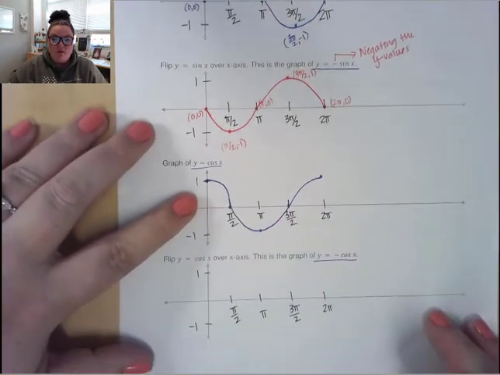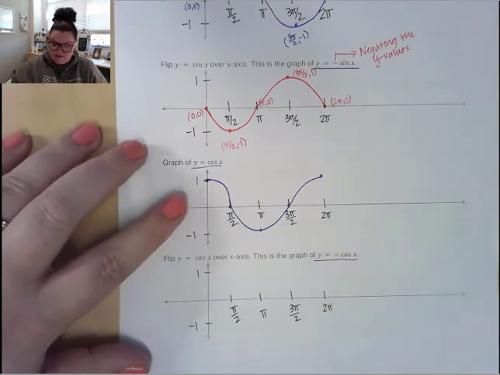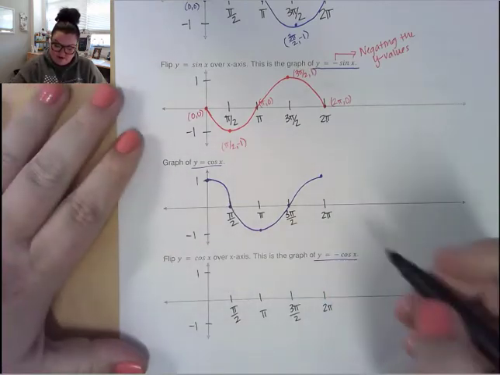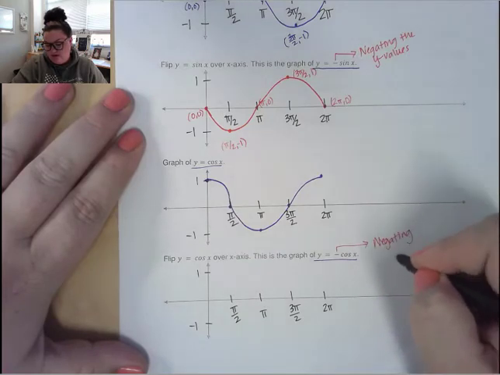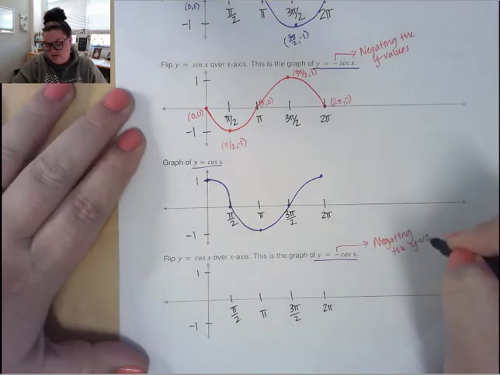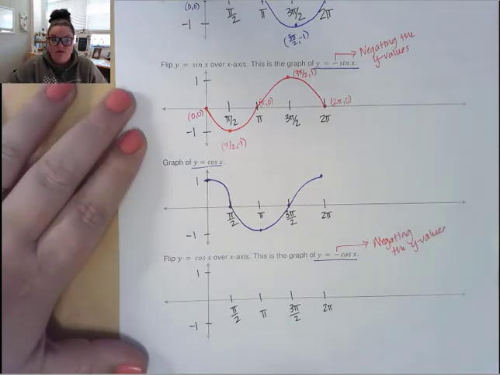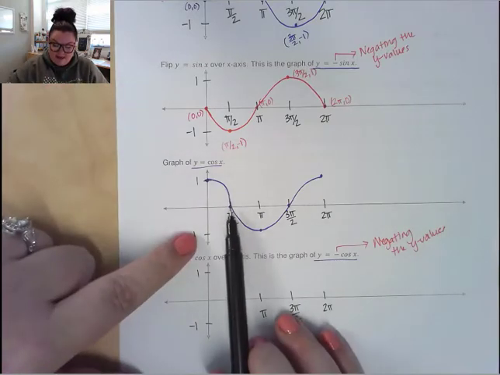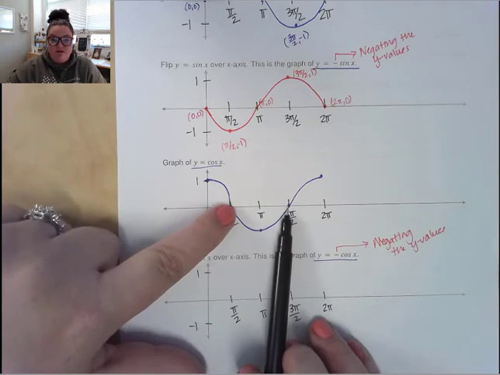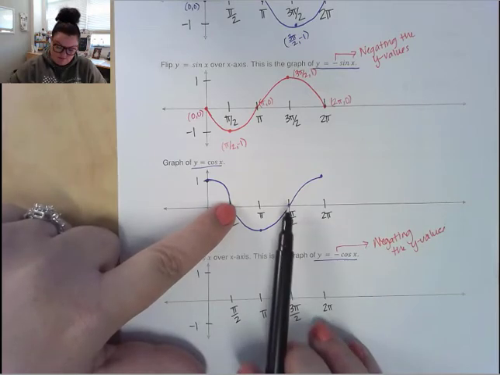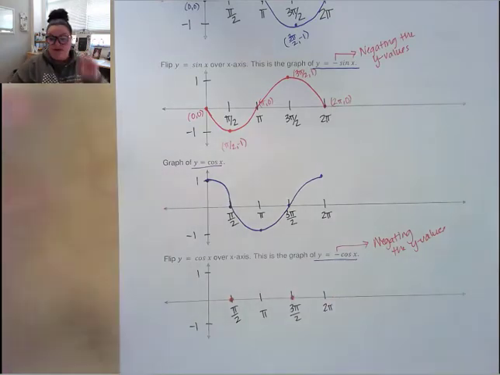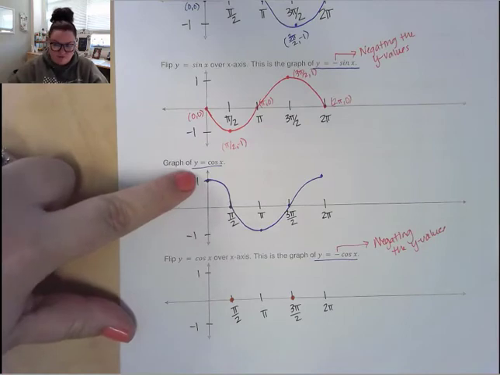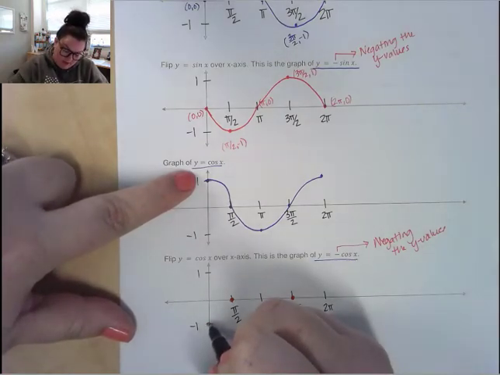So then if I want to take it and negate the y values again, notice when I negate this, the ones that have zeros aren't going to change. Those are still going to be at 0, because if I change 0 to negative 0, that's still 0, right? But the one that's up here at positive 1 is now going to be at negative 1.